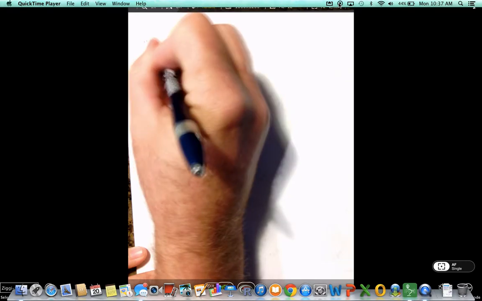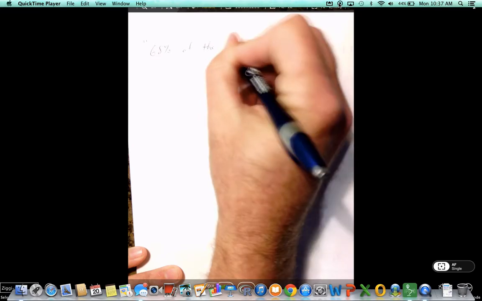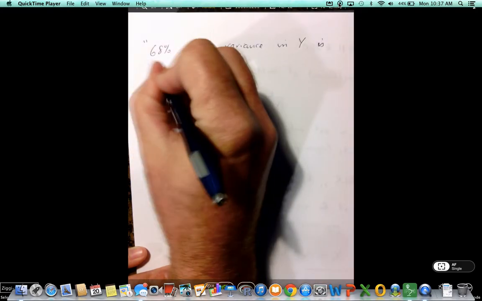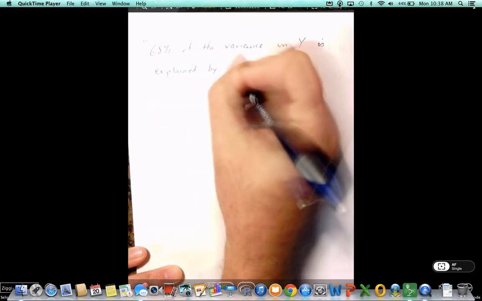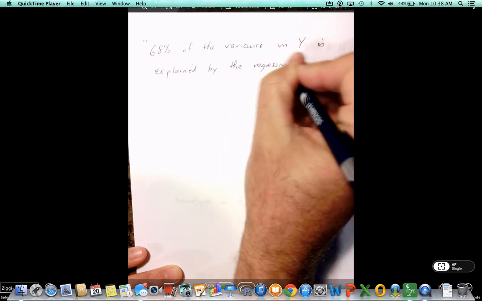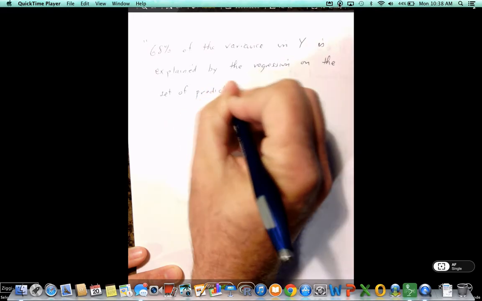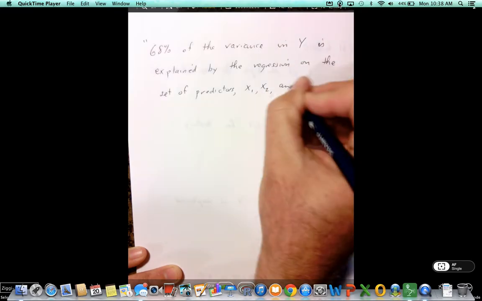Okay, so in this situation, what we would say is that 68% of the variance in y is explained by the regression on the set of predictors x1, x2, and x3.